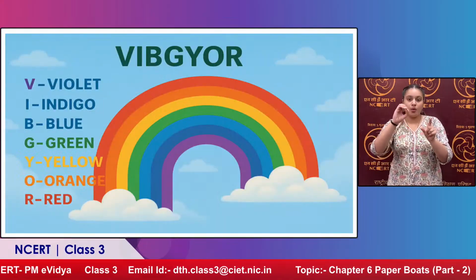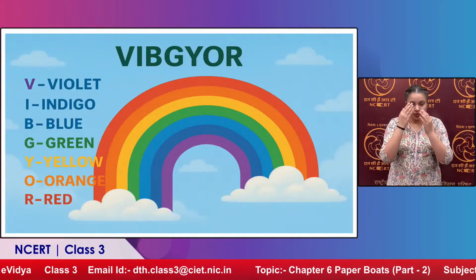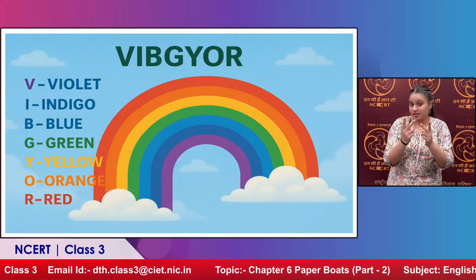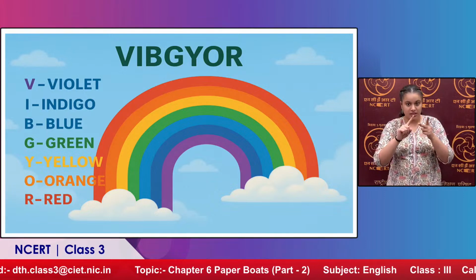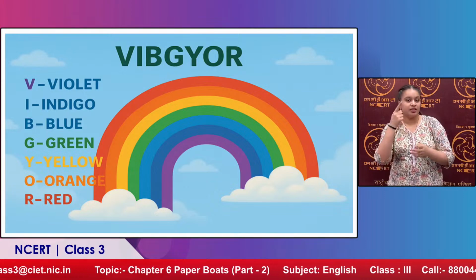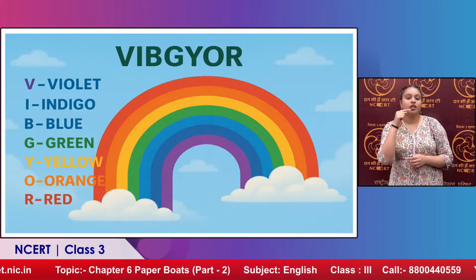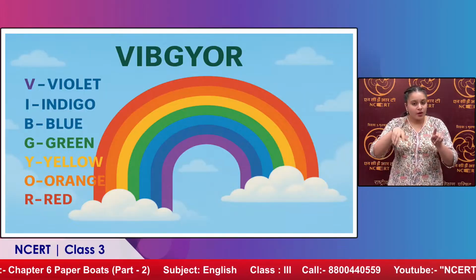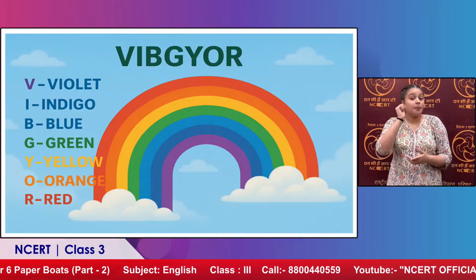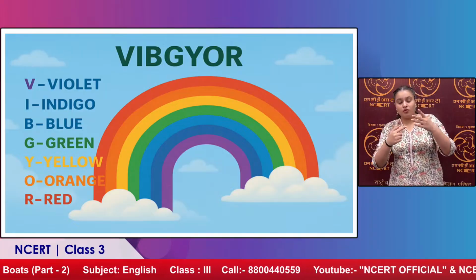As you can see on this screen, this is Vibgyor. V stands for violet, then indigo, blue, green, yellow, orange and red. These are the colors in your rainbow. That's how you can remember the sequence of the colors in the rainbow.